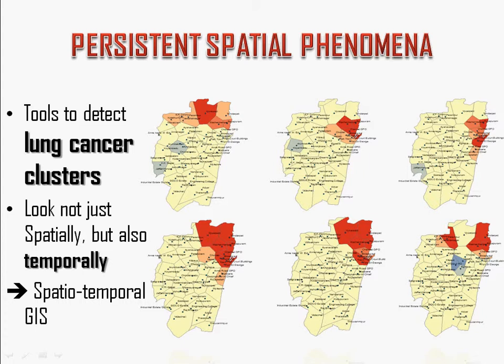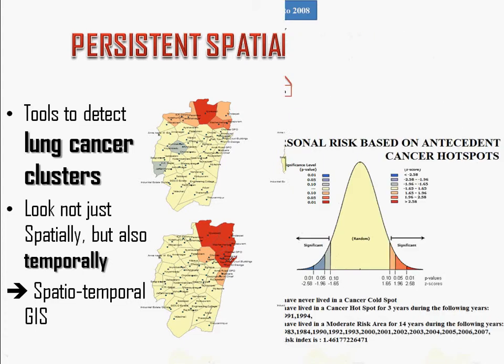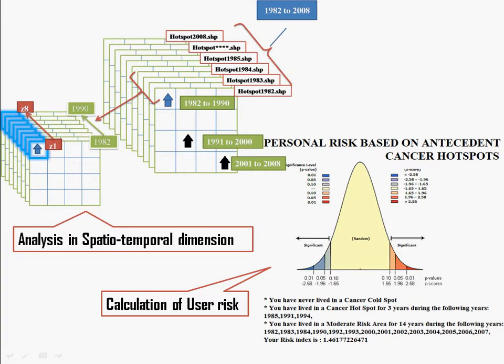The purpose of this study was to determine if there were persistent spatial clusters of lung cancer incidents in Chennai, and to calculate the risk of an individual to develop a lung cancer complication based on the individual's current age and his or her past residence or workplaces. The latter parameter is directly influenced by these environmental and occupational exposures.